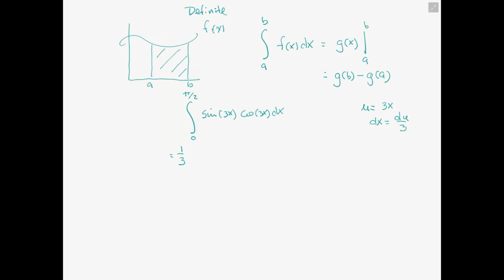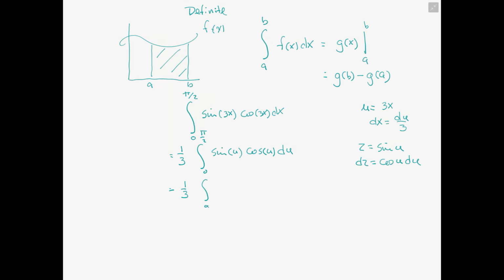And so we first want to substitute the arguments of the trigonometric functions. u equals 3x, and so dx equals du on 3, and that's equal to 1/3 integral from 0 to pi on 2 of sine u cosine u du.